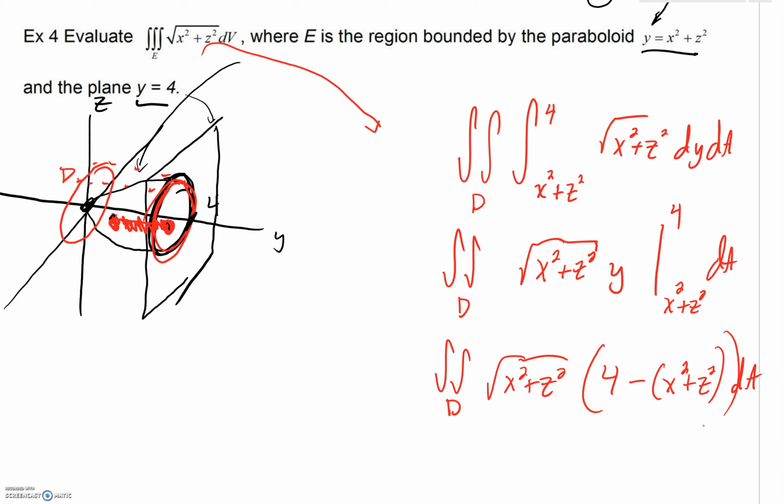And right now, as we're going into this domain D, I've already drawn this in right here. You can see that the shadow, we get a circle with this paraboloid when y is equal to 4. When y equals 4, this becomes 4 equals x squared plus z squared. That's really the intersection that you'd get.